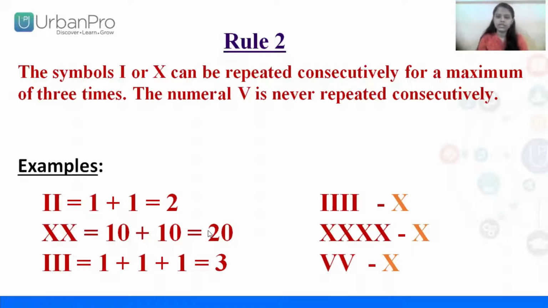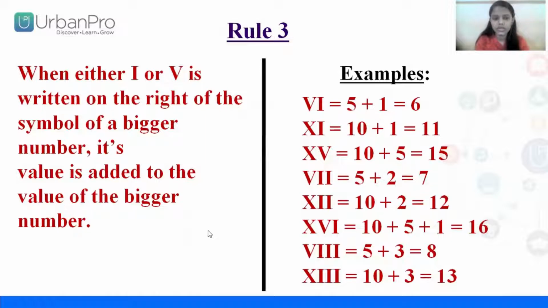Now we can move on to rule 3. Coming on to rule 3, keep a note, listen carefully. When either the symbol I or V, so I is nothing but 1 and V is nothing but 5, is written on the right side of a symbol of a bigger number, a bigger Roman numeral, then its value is added to the value of the bigger number.